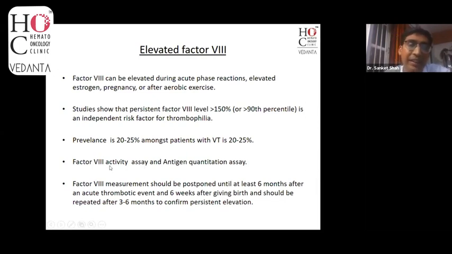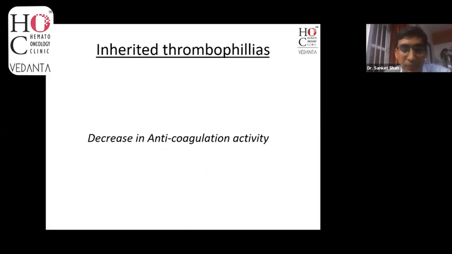If you find the factor VIII activity is high, then you have to do the antigen quantitation assay to confirm the result. Factor VIII measurement should be postponed until at least 6 months after an acute thrombotic event, 6 weeks after giving birth, and should be repeated after 3 to 6 months if there is persistent elevation.